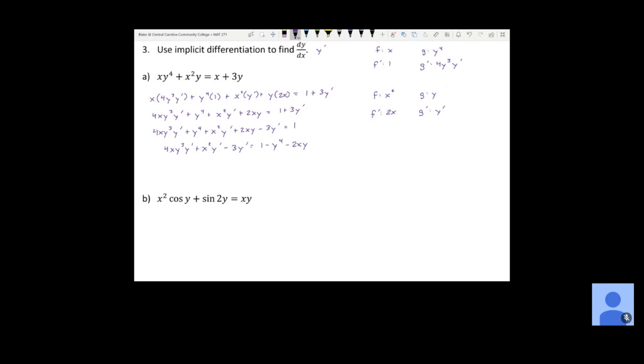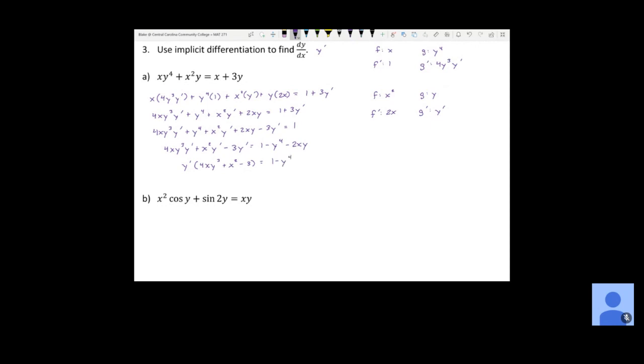Now, at that point, what can we do? Good. Now we can factor out the y prime on the left-hand side. That leaves us with 4xy cubed plus x squared minus 3.